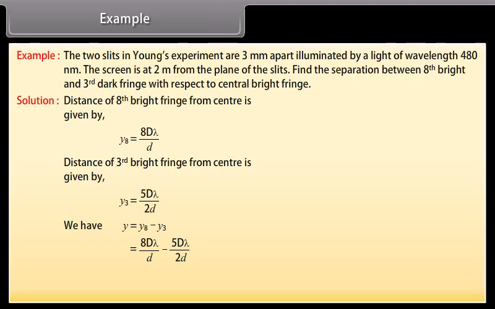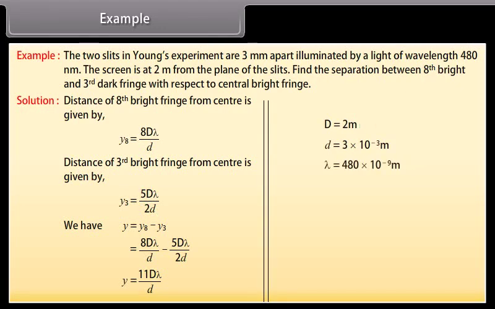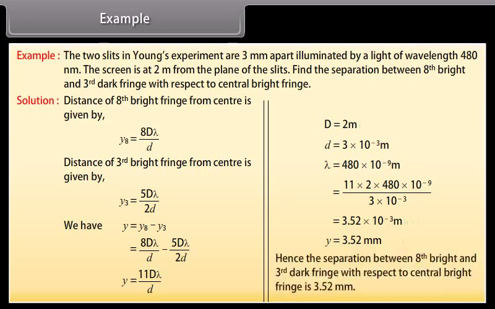By putting the values and calculating, we get y is equal to 11Dλ upon 2d. Putting the values in the above equation and calculating, we get the value of y as 3.52 millimeter. Hence, the separation between the 8th bright and 3rd dark fringe with respect to the central bright fringe is 3.52 millimeter.